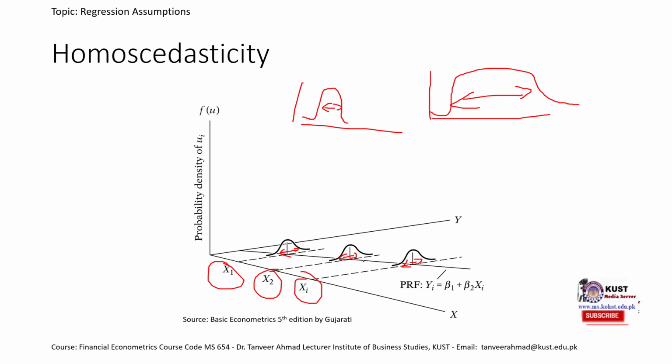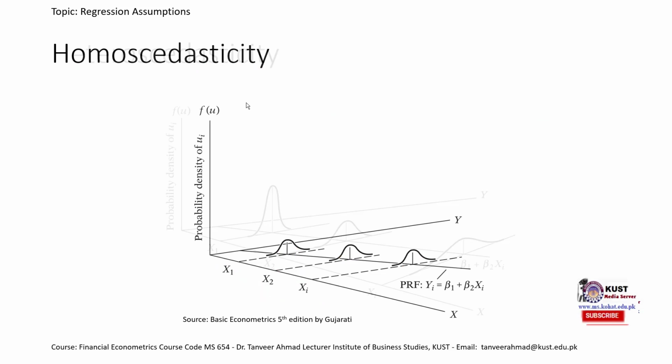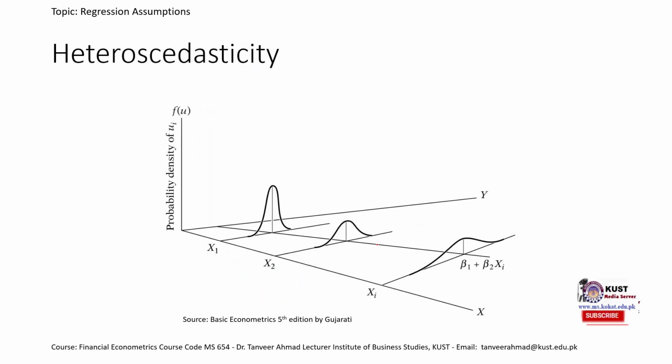So if the curves were different for different values of x, increasing or decreasing in a systematic way, then we would say that the constant variance assumption is violated, we cannot fulfill the homoscedasticity assumption, and we have the problem of heteroscedasticity. So when this assumption is violated, we have a problem of heteroscedasticity, and this graph would better depict the idea.